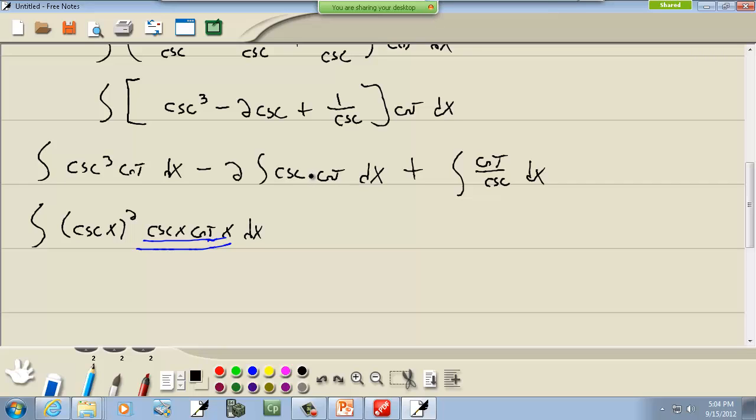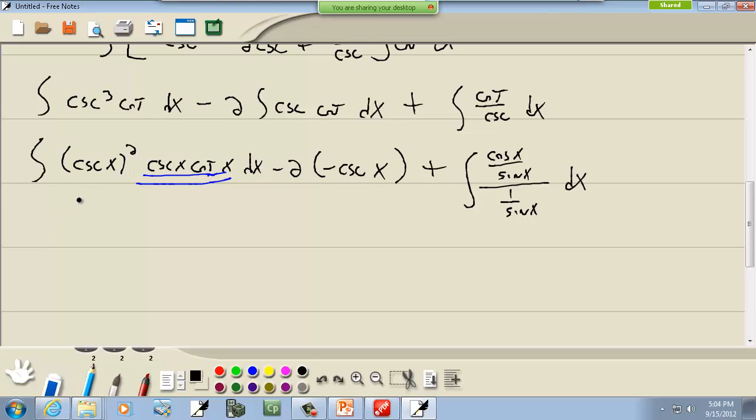But we have one of our formulas. I'm getting tired. One of our formulas says the integral of cosecant cotangent is negative cosecant. So this would be negative 2 times negative cosecant x. And this one over here, cotangent is cosine x over sine x, and cosecant is 1 over sine x dx.